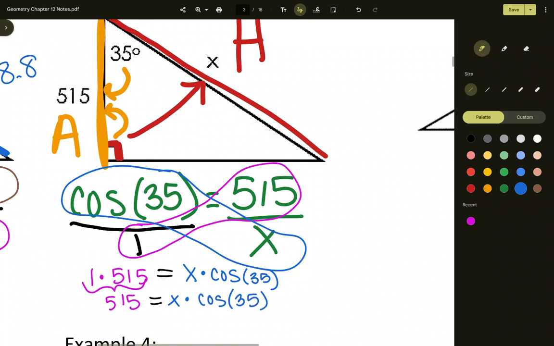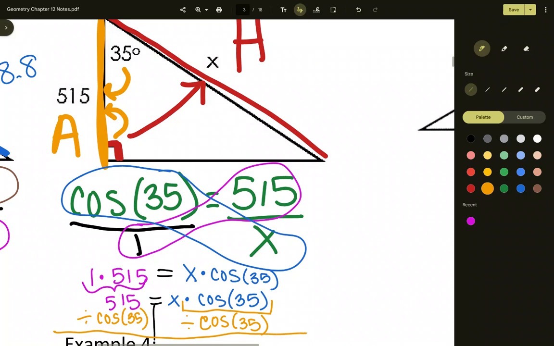All right, I'm going to do a t-chart. I want to get rid of this times cosine of 35. So we will divide by cosine of 35 on both sides. The cosine of 35s will cancel out because the opposite of multiply is divide.